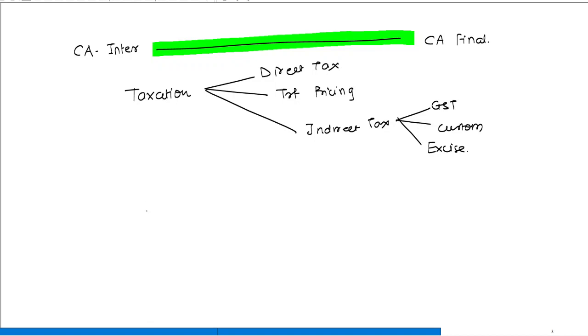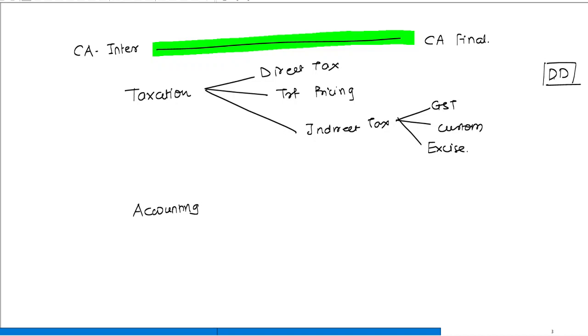Or else you might have done the articleship in the field of accounting, that is financial reporting: preparing financial statements, consolidated financial statements of the holding company, subsidiary company and their associates, and the maintenance of accounts and all those things. Some might have done the articleship in the field of due diligence, mergers and acquisitions.